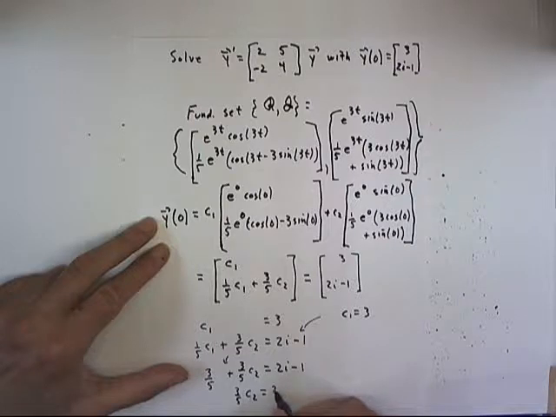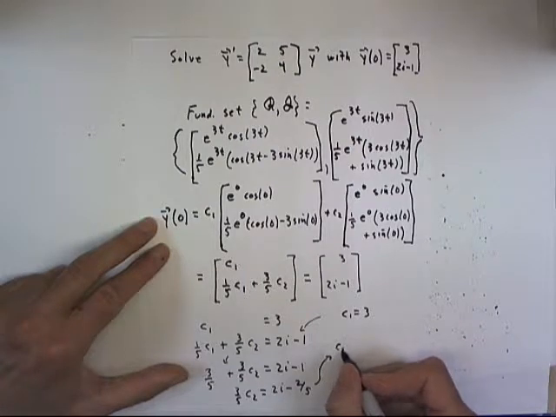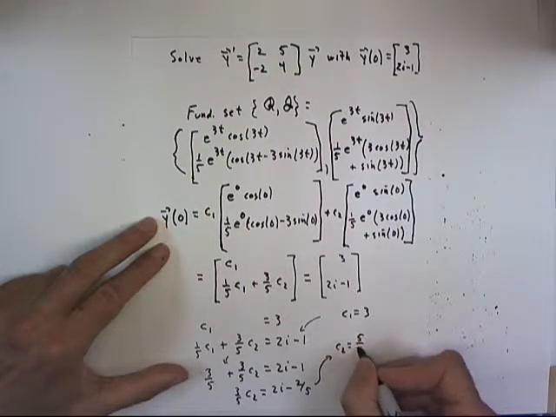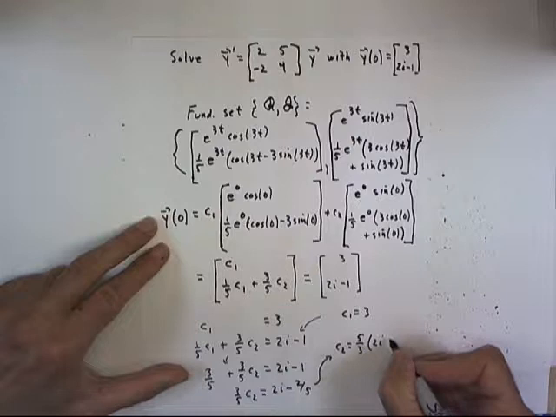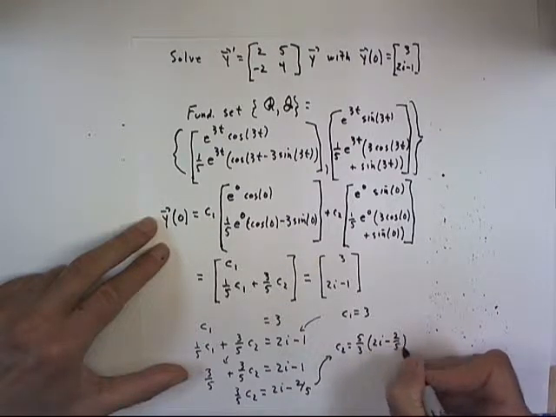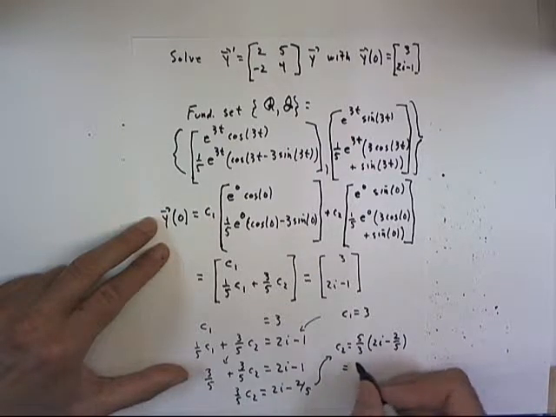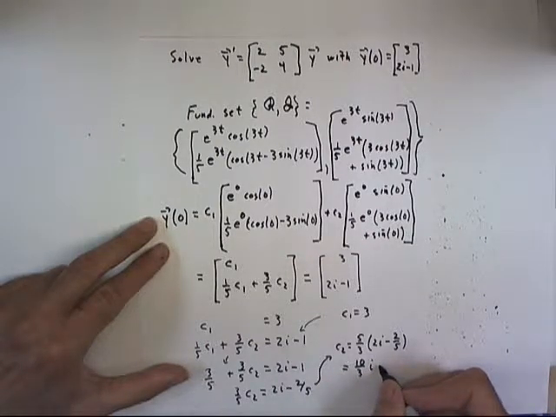That's going to give us 2i minus 2/5, so that c2 equals 5/3 of 2i minus 2/5, which equals 10/3 i minus 2/3.